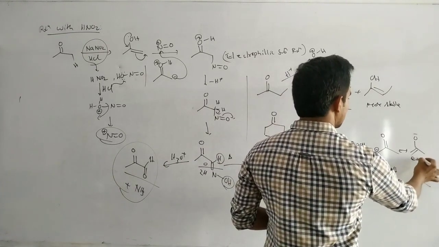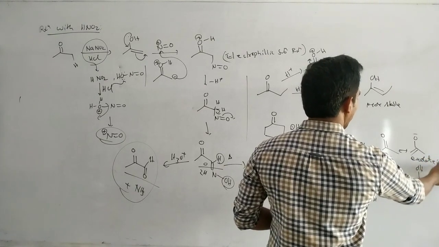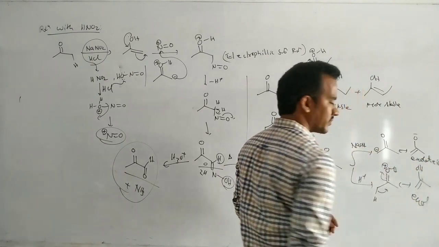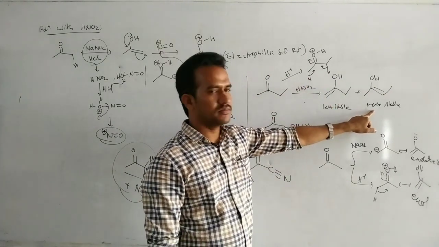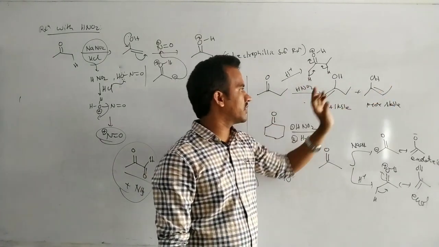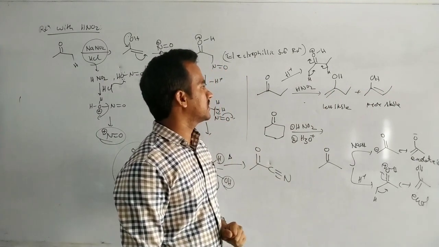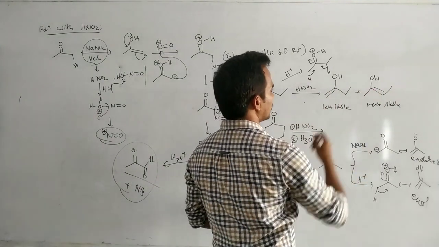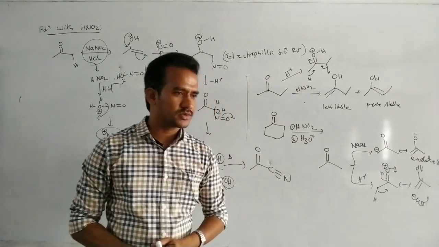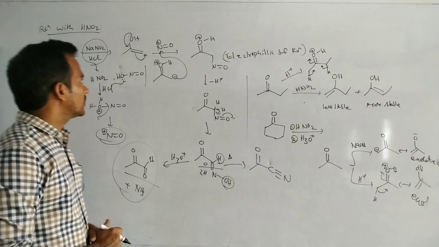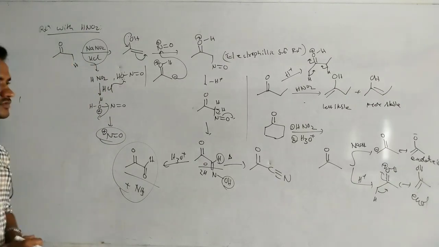So OH and this one. This is the enolate ion. This is the enol. This is the more substituted enol because here there are 3 alpha hydrogens. And then reaction with NO plus followed by hydrolysis. Okay, write the product. Reaction with HNO2. Okay, write down this one.